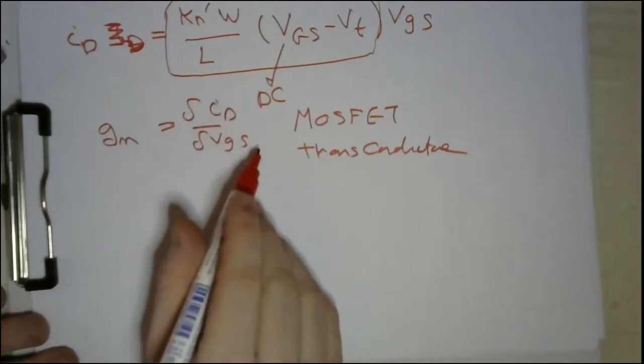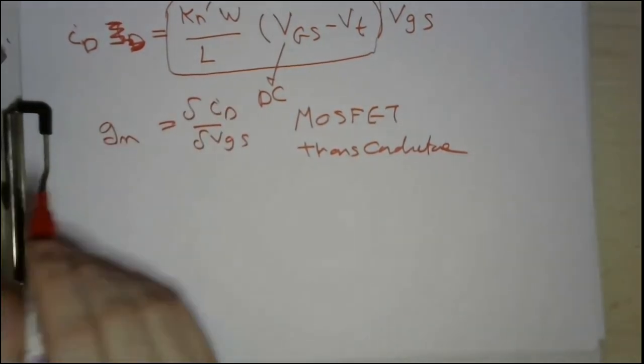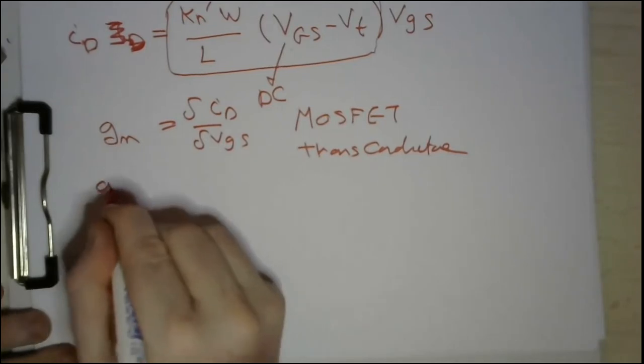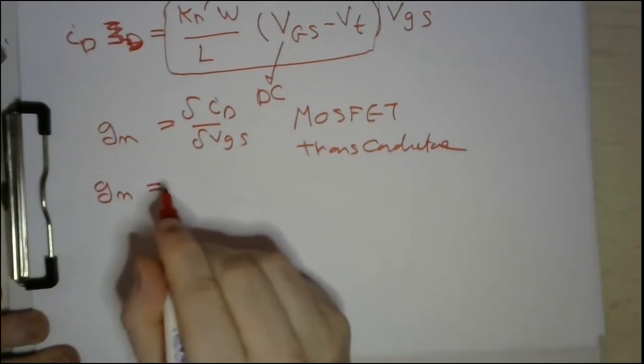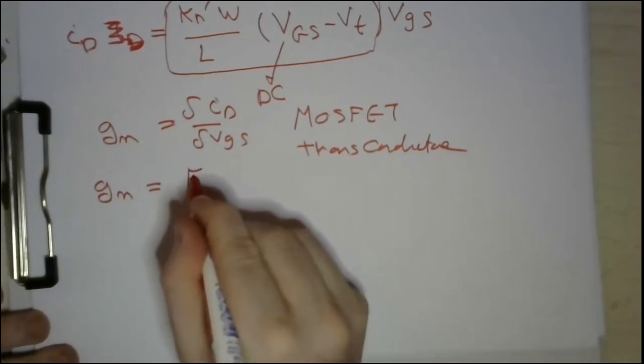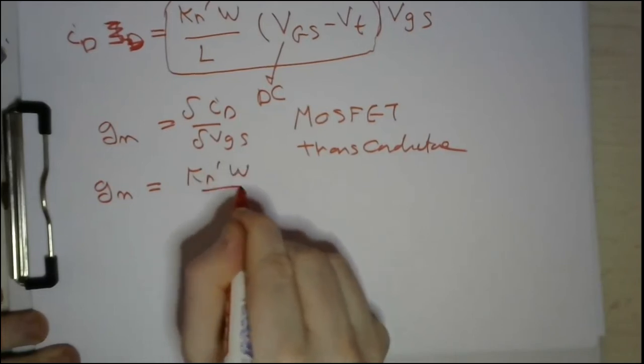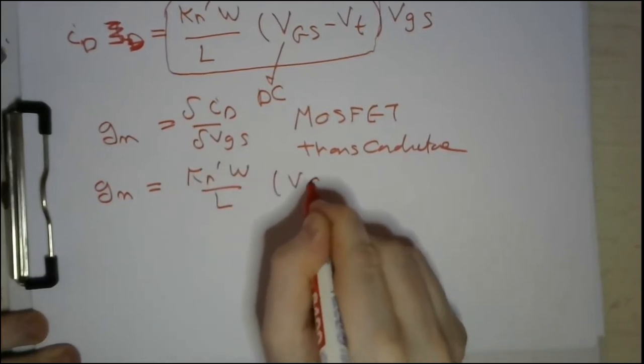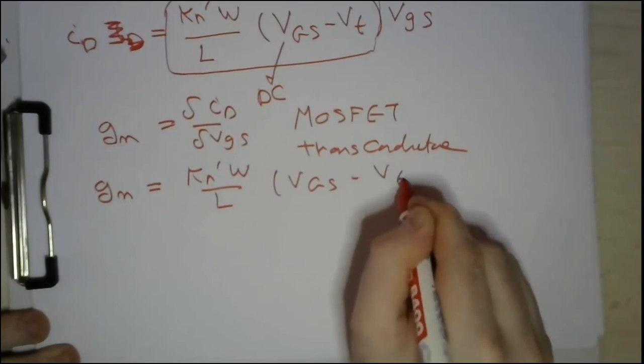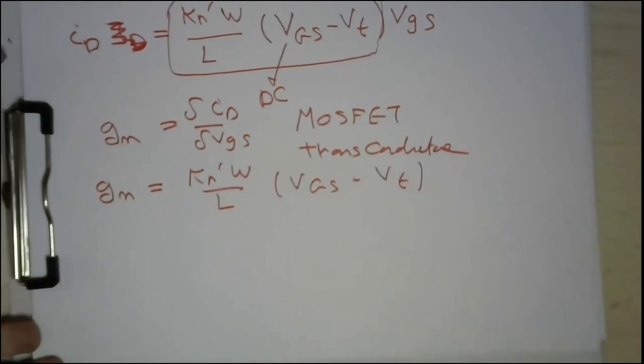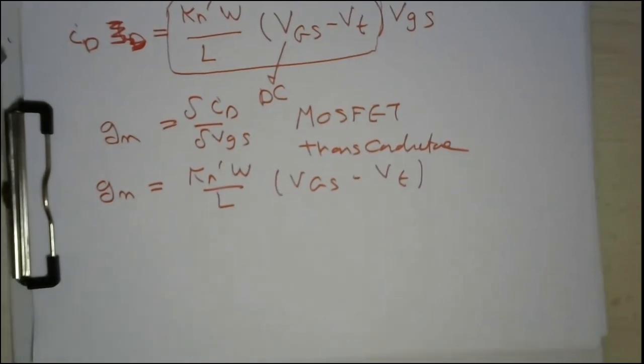The relation between these two terms is GM, where GM is simply equal to Kn dash W over L times VGS minus V threshold as a constant. So let me now return back to the slides.